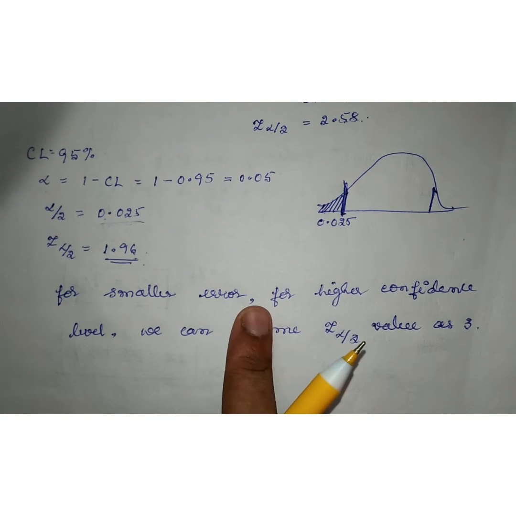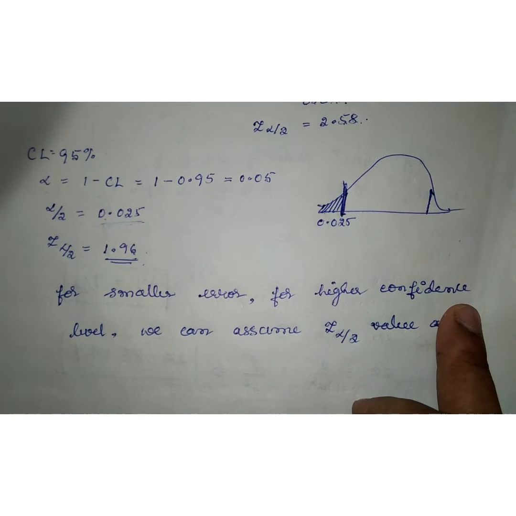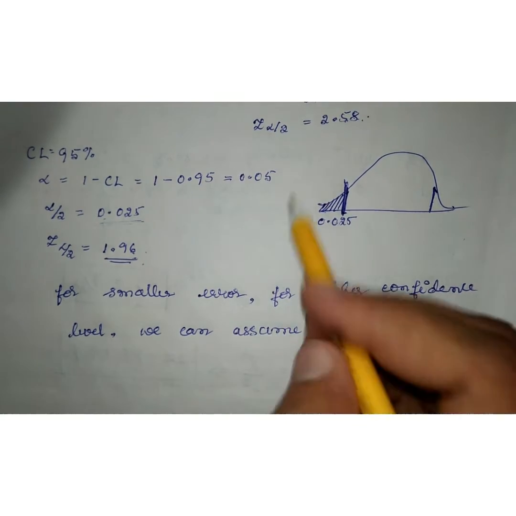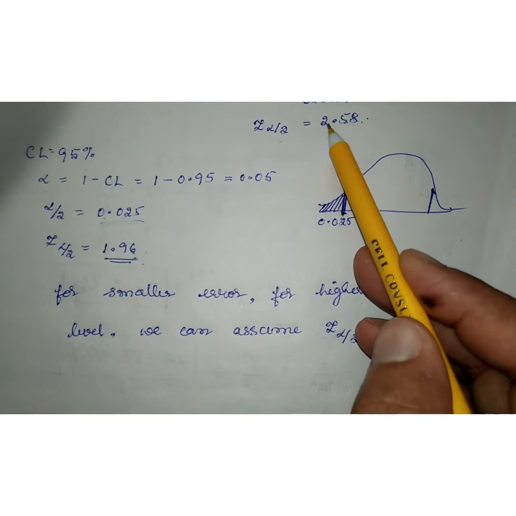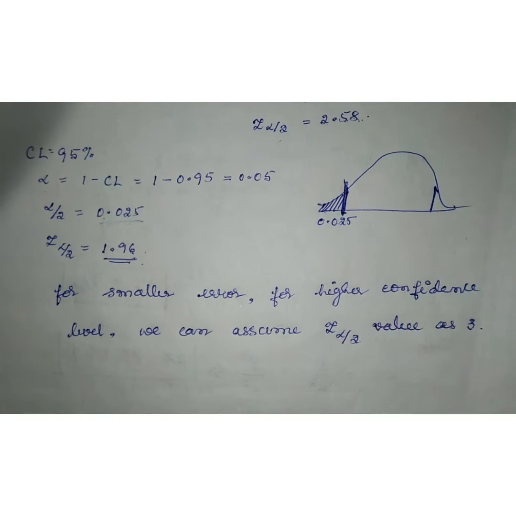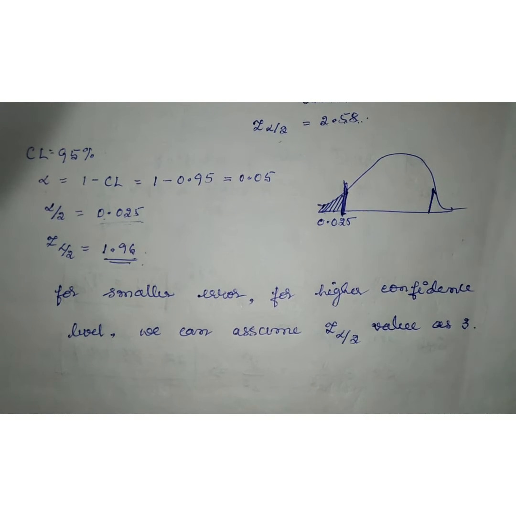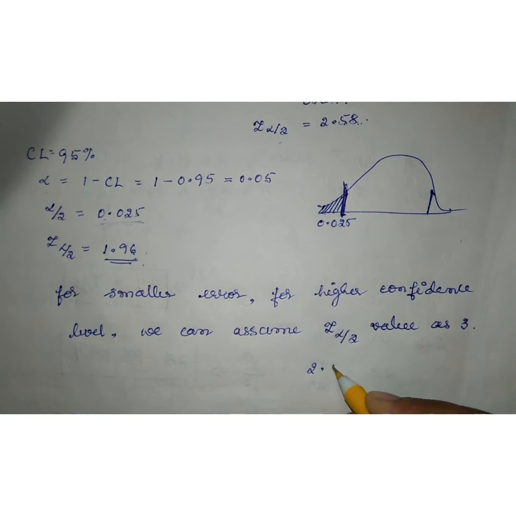So for a smaller error with a higher confidence, that is more than 99%, you can see for 99% it is 2.58. So if you want to be more confident, you can take the z alpha by 2 value as 3, which is nothing but rounding off 2.58 to 3.